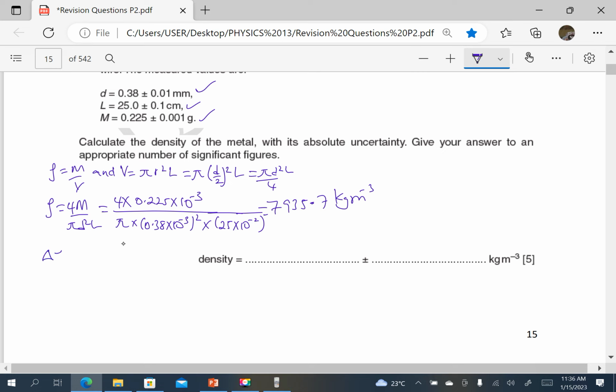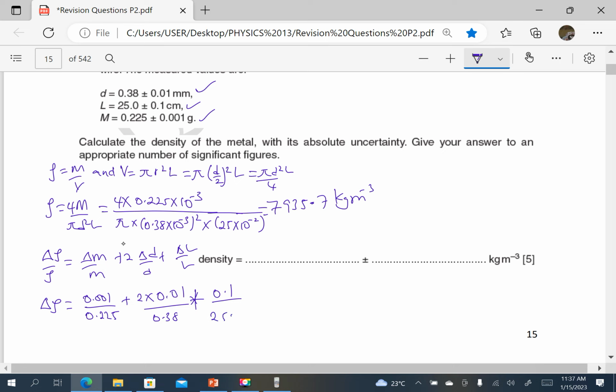So fractional uncertainty in density is going to be equal to fractional uncertainty in the mass plus twice fractional uncertainty in D plus fractional uncertainty in L. So the absolute uncertainty in density is going to be, for M, 0.001 over 0.225, plus 2 times D, 0.01 over 0.38, plus, for L, 0.1 over 25.0.